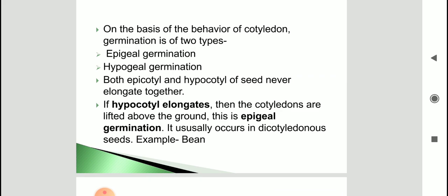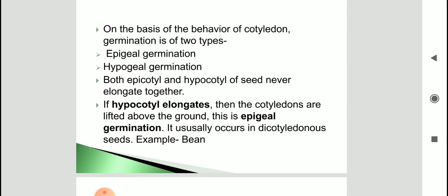Now epicotyle and hypocotyle, children, I hope you are understanding what I am talking about. We have discussed embryo axis in detail. When I say hypocotyle, that means I am talking about the region beneath the cotyledon and just above the root, right? And so when hypocotyle elongates, then what happens?